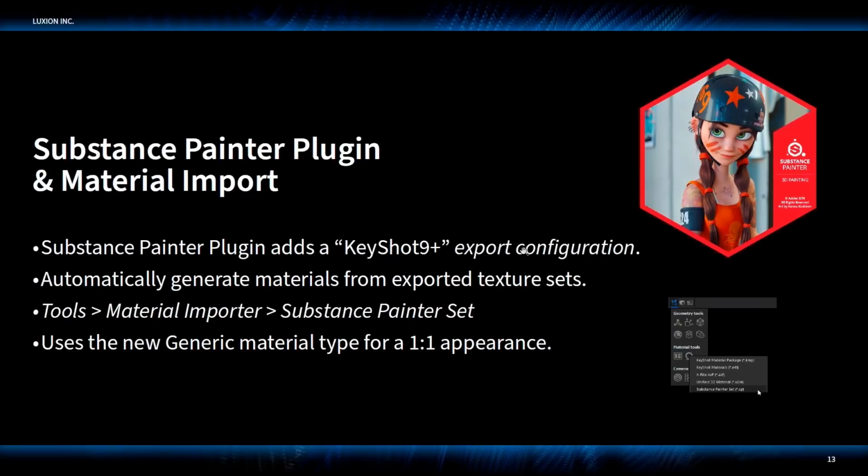And then we have a new tools menu, which I'll dig into in a little more detail later, where you can then import that Substance Painter texture set, and the material is automatically generated with all the maps being hooked up correctly to the new generic material type, giving you a one-to-one appearance of your model and your textures in KeyShot.